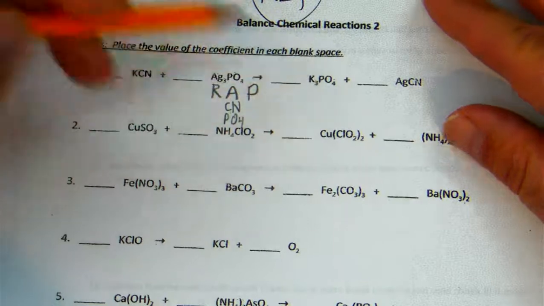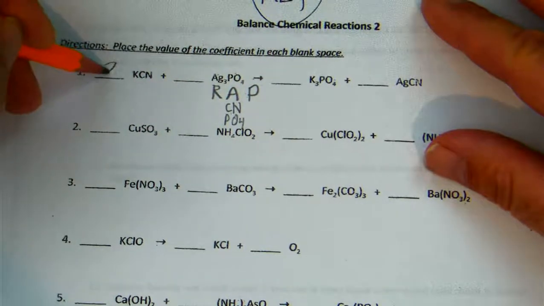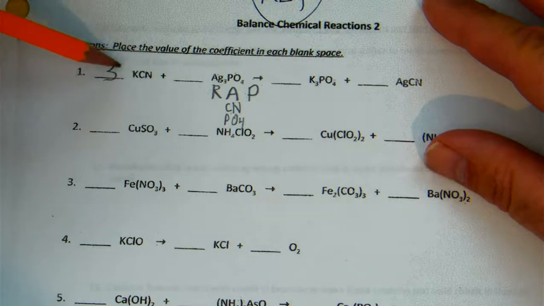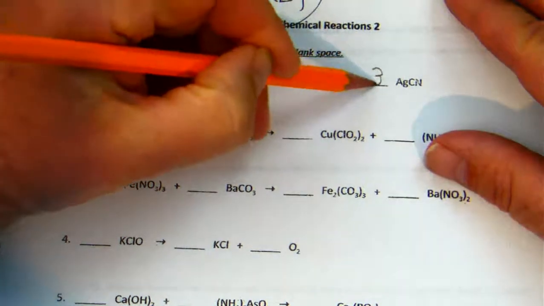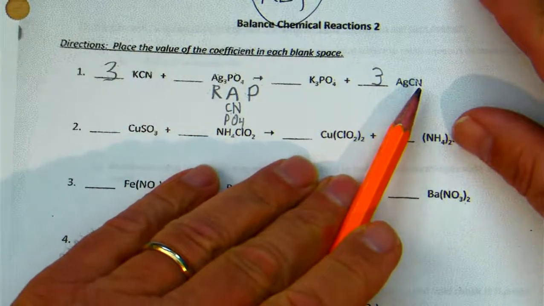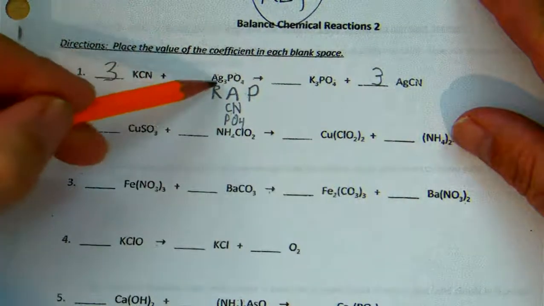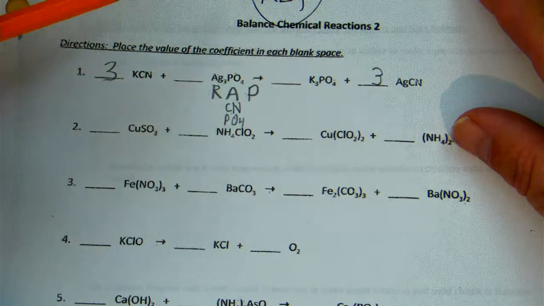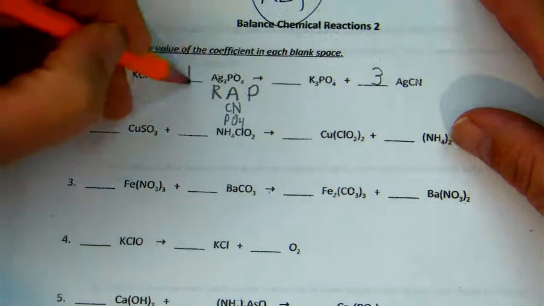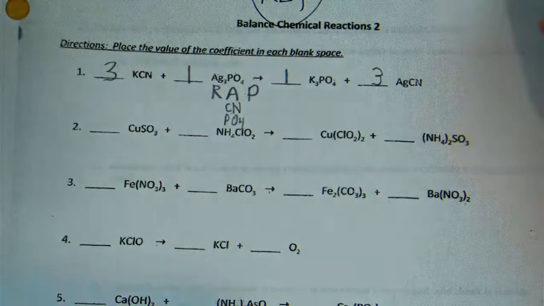I have 3 on the right, so I might want to bump this up with a coefficient of 3. But that gives me 3 cyanides on the left. So try a coefficient here on the product side, 3 cyanides on the right. That gives me 3 silvers on the right, which is okay because I have 3 silvers on the left. I have 1 phosphate on the left, 1 phosphate on the right. So I'm going to speculate that this is now a balanced chemical reaction.